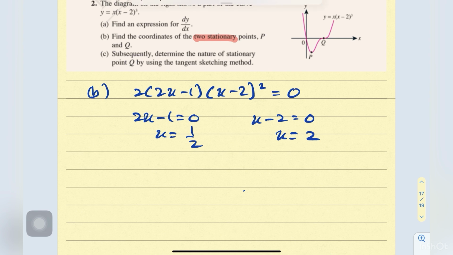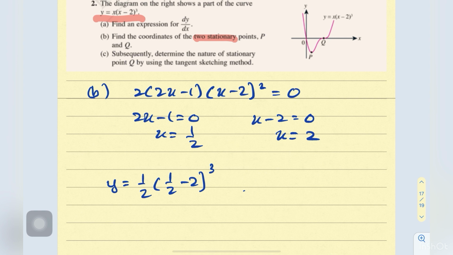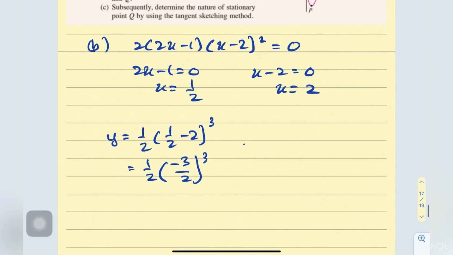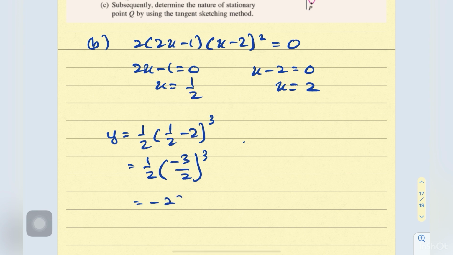You substitute into the curve equation. When x equals 1 over 2, y equals 1 over 2 times (1 over 2 minus 2) cubed, so 1 over 2 times (negative 3 over 2) cubed, which becomes negative 27 over 16.